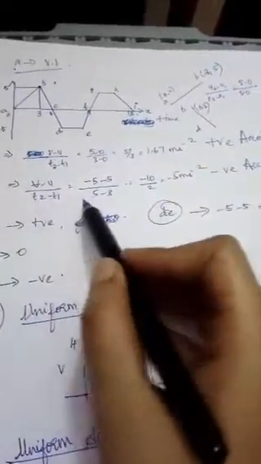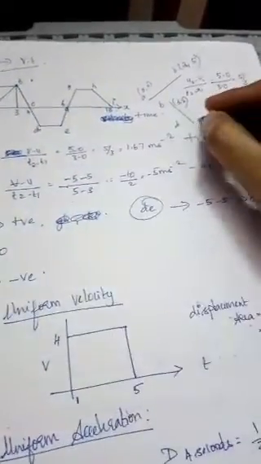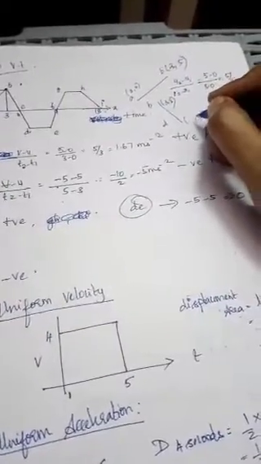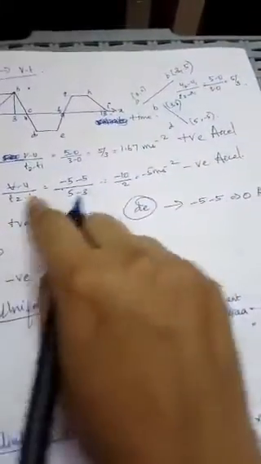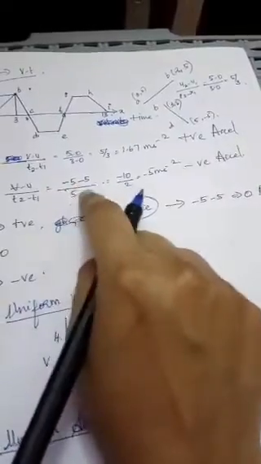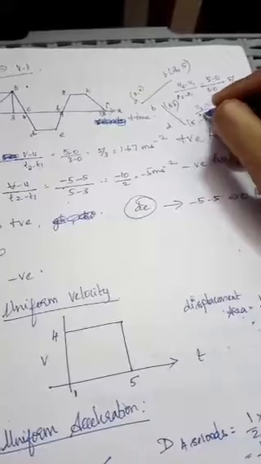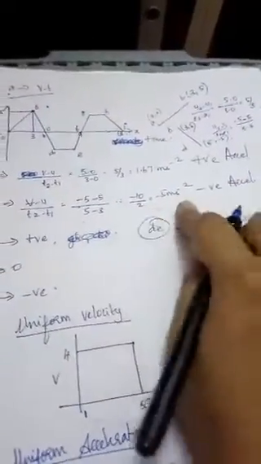Taking that value, substitute over here: minus 5 divided by 5 minus 3. Apply the same formula, y2 minus y1 over x2 minus x1. y2 is minus 5, y1 is 5, so minus 5 minus 5 gives minus 10. Next is 5 minus 3. Therefore, it is minus 10 divided by 2, which is minus 5.